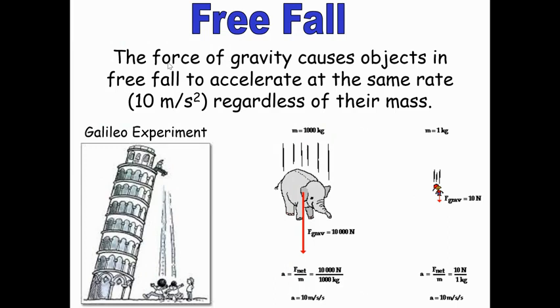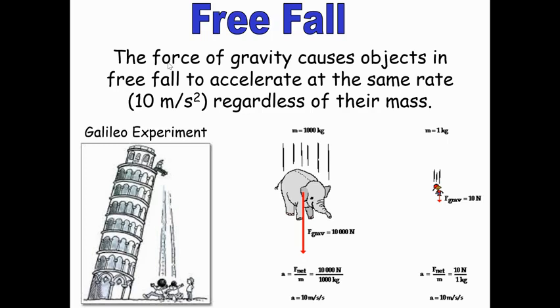This number, 10 meters per second squared, is truly a ratio of the object's weight divided by its mass. Because an object that is more massive, say an elephant, has more weight and more mass, if you take its weight divided by its mass, you get 10 meters per second squared.